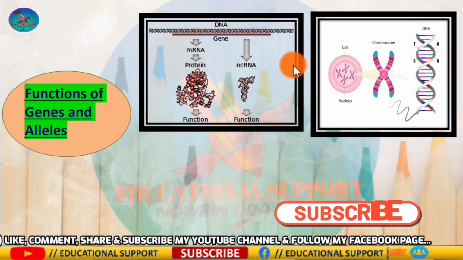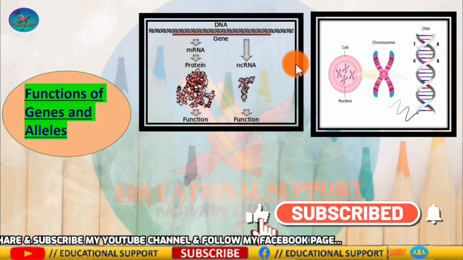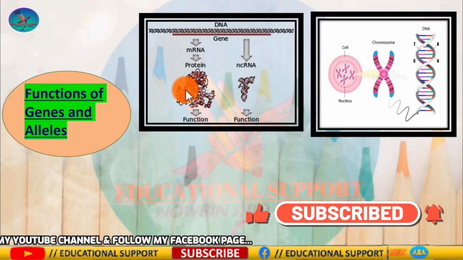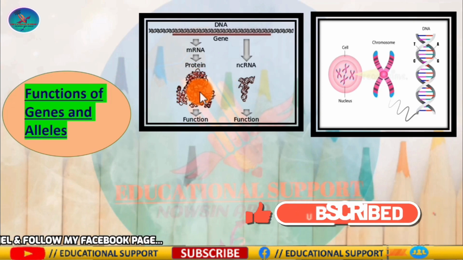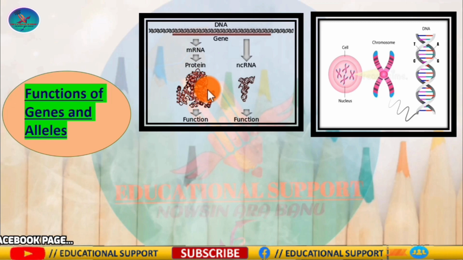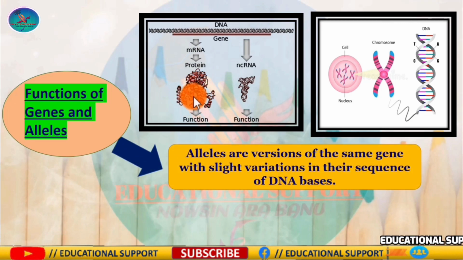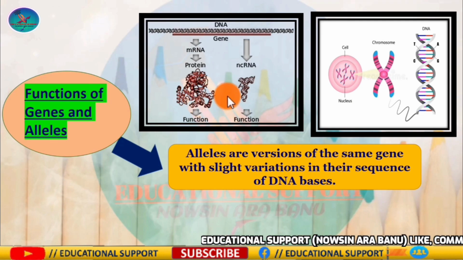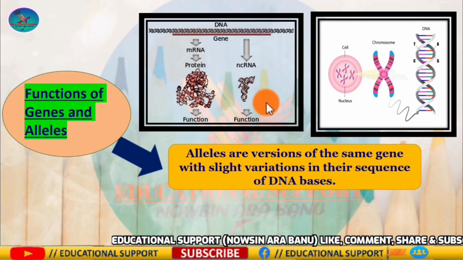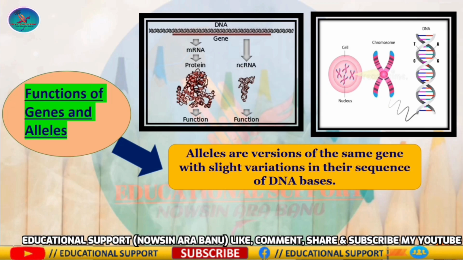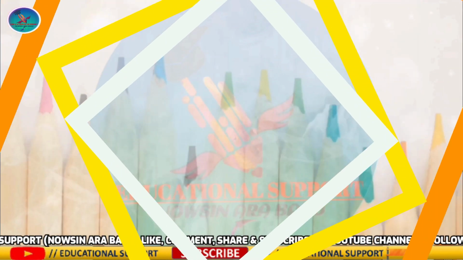In conclusion, everyone inherits a pair of genes from their parents, and these genes may be present in different allelic forms. So, variation in traits like eye color or hair color is the result of different alleles of a specific gene.